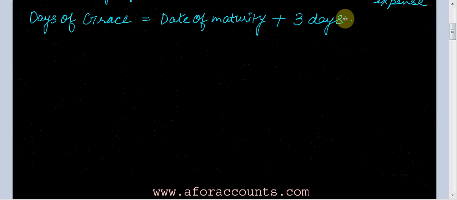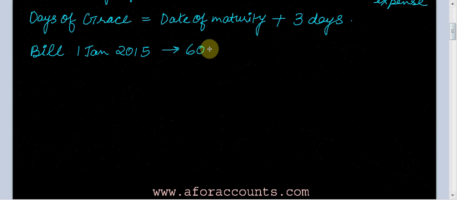So I will take a full-fledged example to explain days of grace. Say that a bill dated 1st January 2015 is payable 60 days after date. So after 60 days there will be the date of maturity.